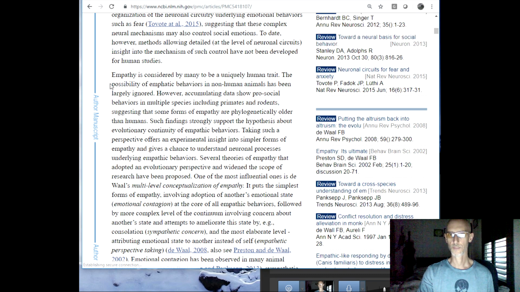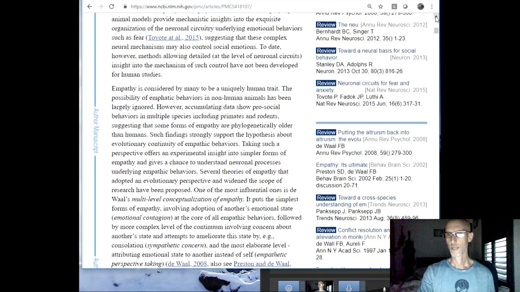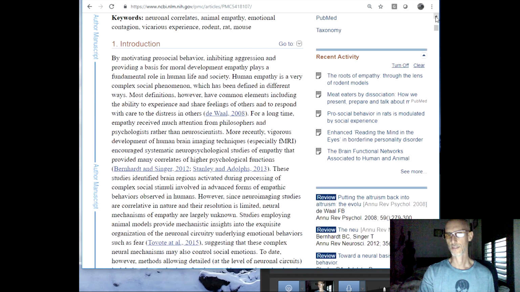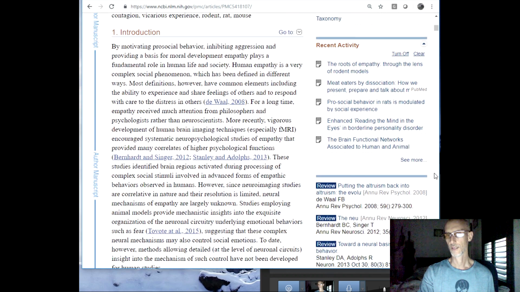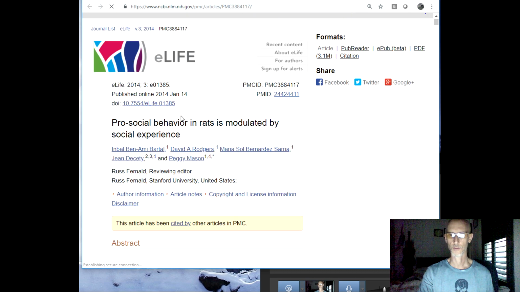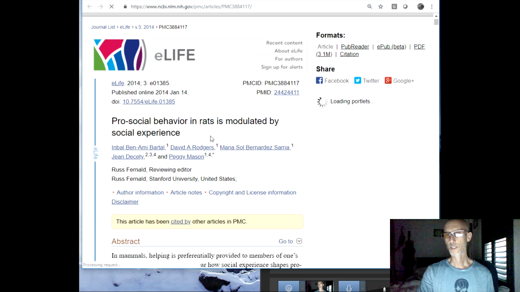Just more bits about empathy traditionally being considered to be a uniquely human trait, but based on the evidence, it seems as though empathy has been going on even before humans have been around, in some form. And then also these other studies are showing that rats are showing empathy towards other rats that are trapped. Here it is, pro-social behavior in rats, modulated by social experience.